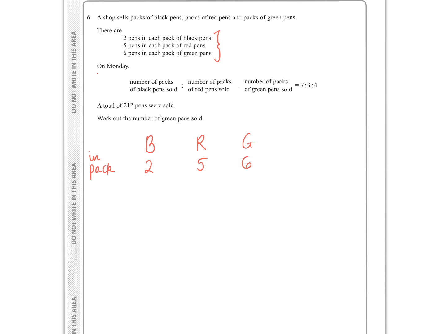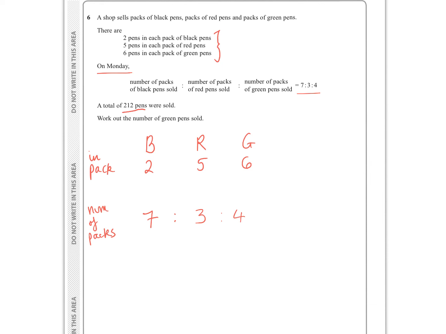It then says on Monday the number of packs is in the ratio of black to red to green is 7 to 3 to 4. That's the number of packs. It says a total of 212 pens were sold. Work out the number of green pens sold.